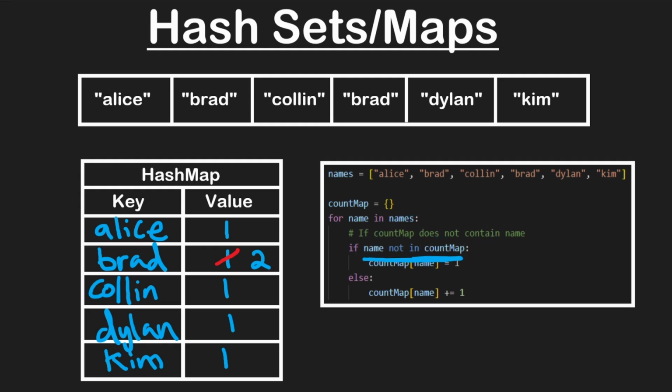But basically we're checking this name does not exist in this count map, therefore we're going to assign that name an initial value of 1. The else would be that the name already exists in the count map. Therefore, we would increment that count by 1 like we did for Brad. So it's a pretty straightforward algorithm. It runs in linear time. Next, let's talk about how we can actually go about implementing a data structure like this.